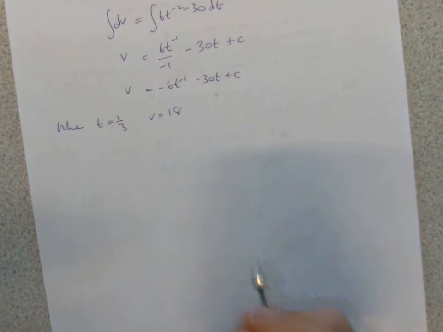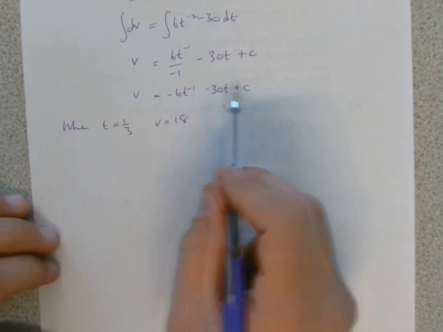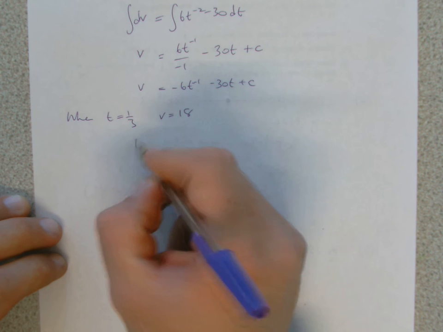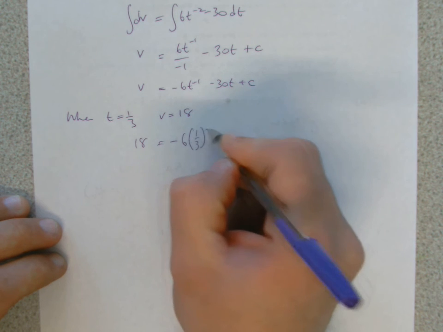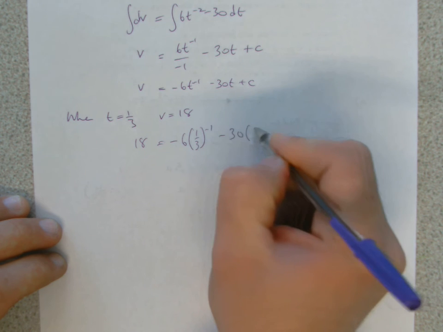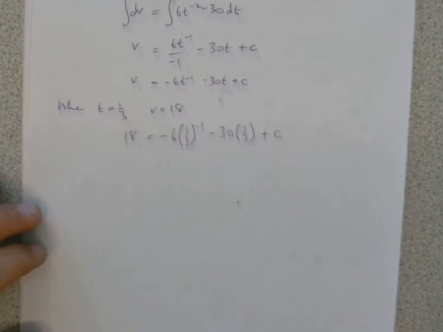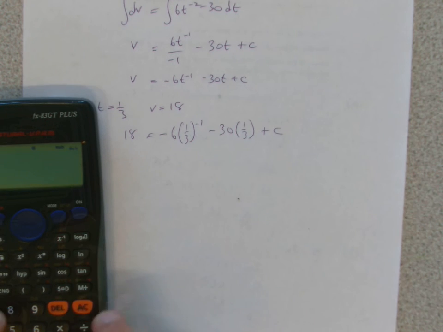It's important to remember that when they say they want an expression for the velocity, this isn't good enough. You've got to work out what this constant is. So you chuck it in: minus 6 times (1/3)^-1, minus 30 times 1/3, plus c. We can use our calculator here to work out what c is.